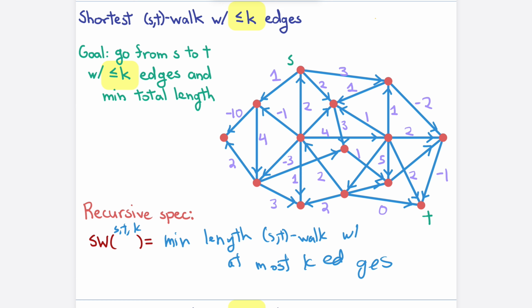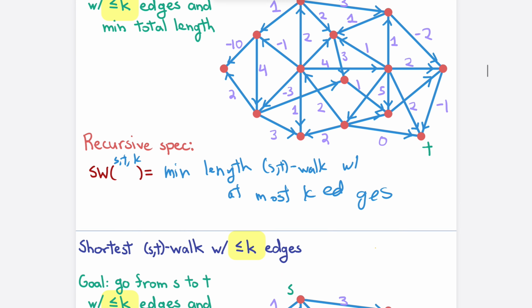Forgive my handwriting. I'm going to use the length of the S-T walk as a distance just to keep it clean and separate. That certainly restates the problem we're trying to solve, but you can also see why this would be very useful as a subroutine. You have flexibility over both endpoints, and you can go from K down to K minus 1 and things like this. So now you're set up.